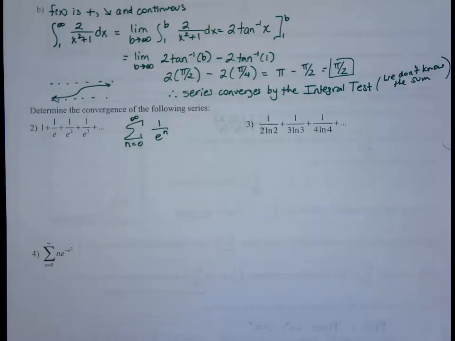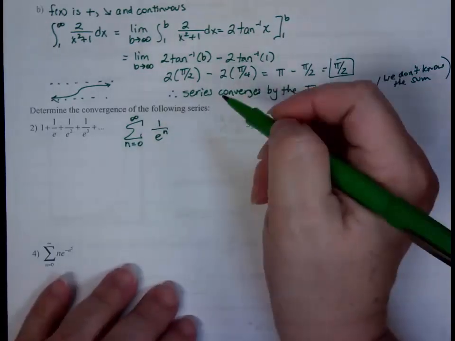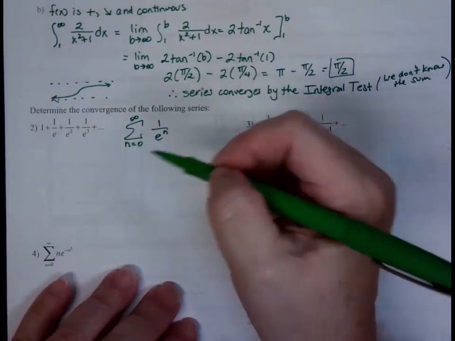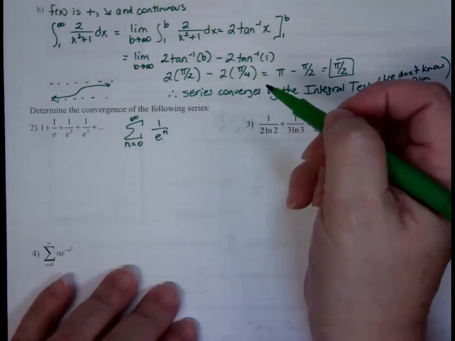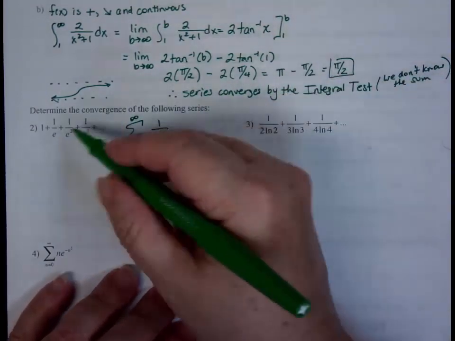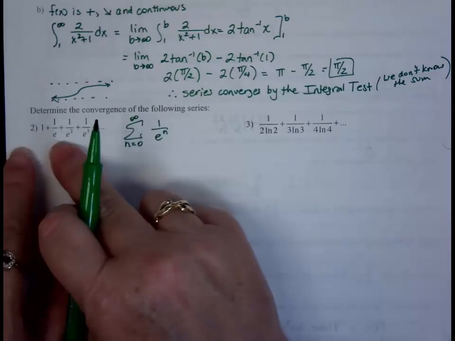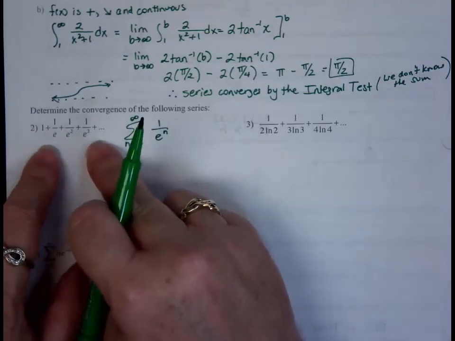I knew the top was 1. I knew that the bottom was a power of e. And so then I kind of played with it a little bit, and so I could figure out what my limits of integration are going to be. Does it matter if you put the whole fraction to the power of n? No, it does not. I could go ahead and put the whole fraction to the power of n if I wanted to, but for integrating purposes, it's going to be easier actually to leave it like this. Okay? So, are these always going to be positive? Yes.